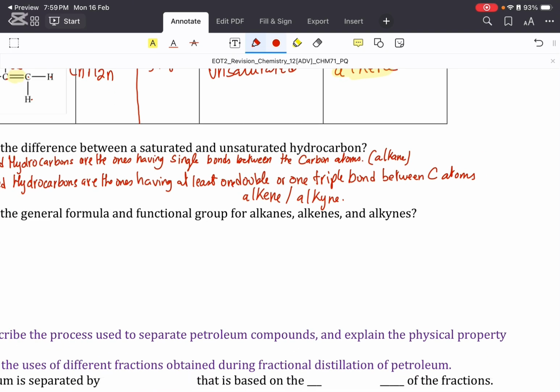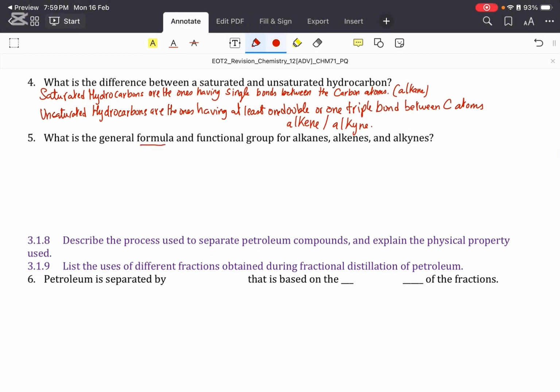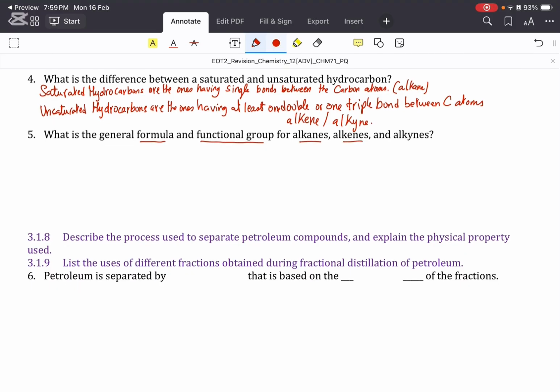Now again, the question here is repeated. What is the general formula and functional group? How do I recognize that what I have is an alkane or alkyne? So for alkanes, the general formula is CnH2n+2, and I'll recognize them by seeing only single bonds between the carbons.